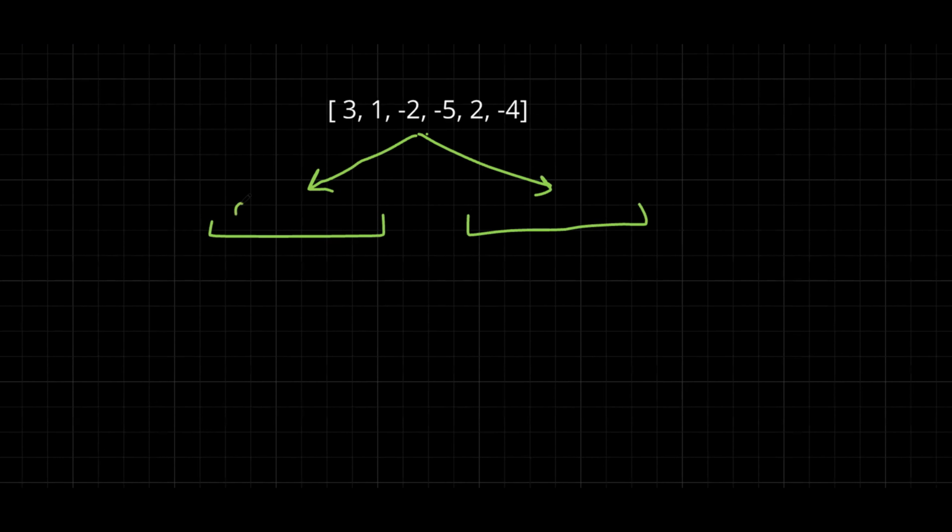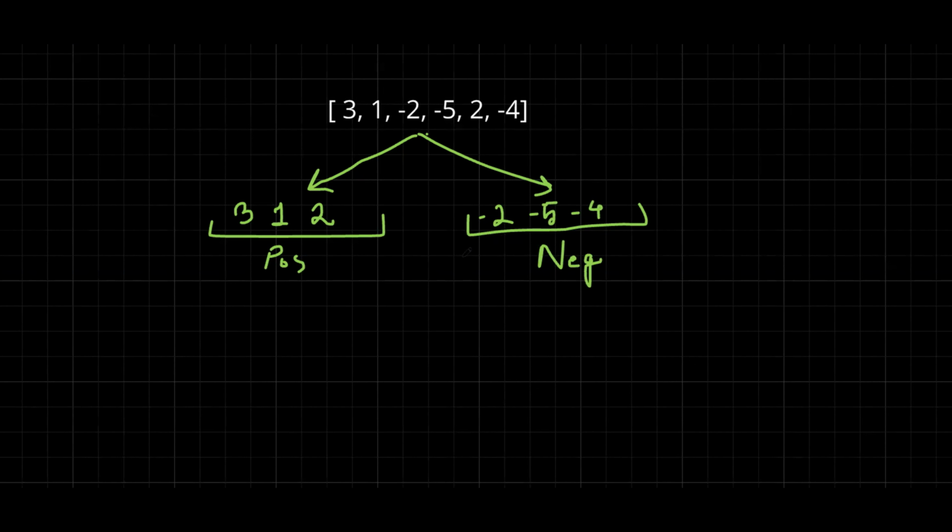So here we will store the numbers 3, 1, and 2. In the second array, we will store all of the negative numbers, which is -2, -5, and -4. So here, both the positive and the negative arrays hold the elements in the given order.